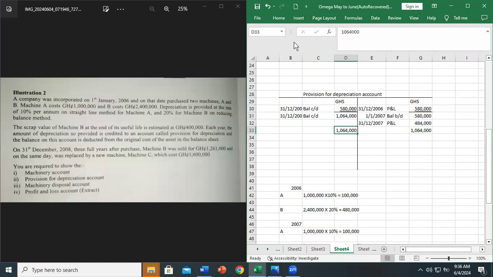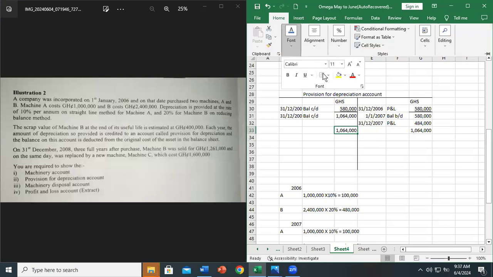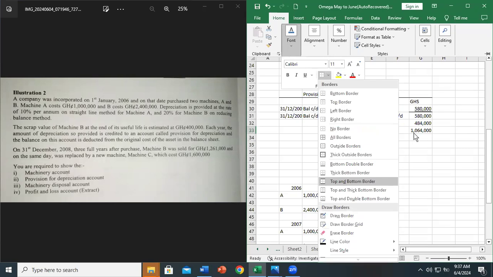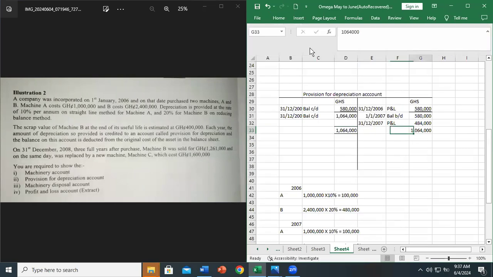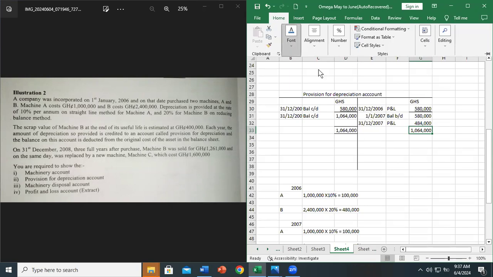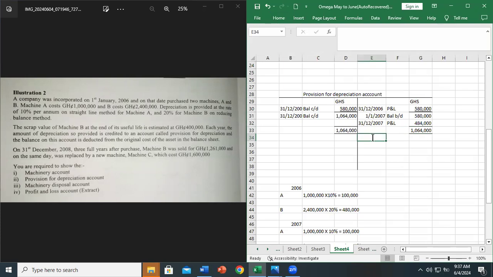Let me underline the totals and carry on to the next year. Okay, so 1st January 2008, balance brought down, we have 1,064,000. So we are now in the year 2008.